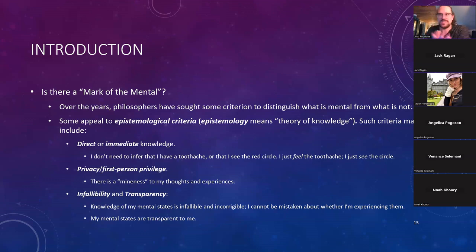Well, maybe she believes it is raining and that the umbrella will keep her dry, right? So when it comes to the thoughts of others, I have to employ folk psychology or mind reading or common sense psychology. There are a lot of names for it. I have to infer their mental states, but I don't have to do that with me because they're transparent to me. So these are some epistemic criteria.